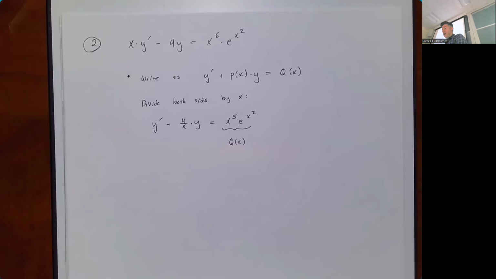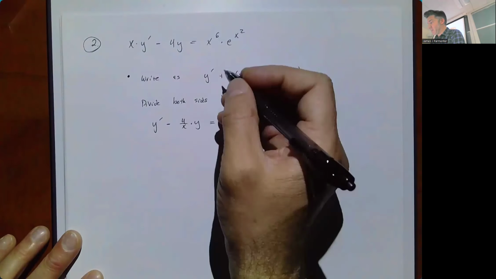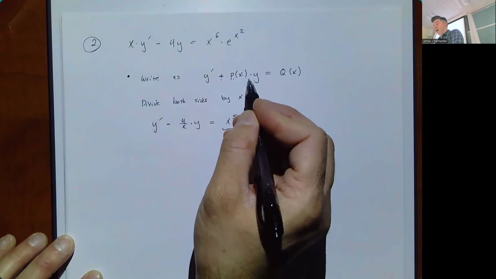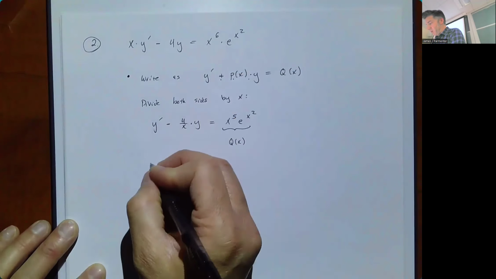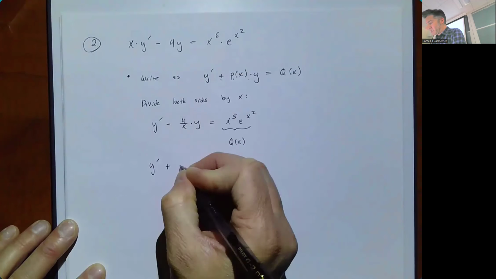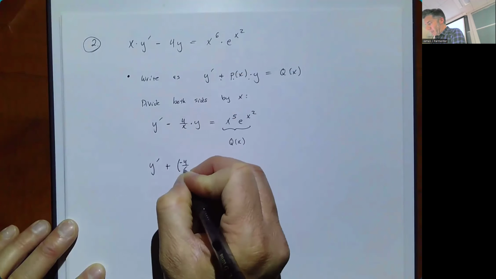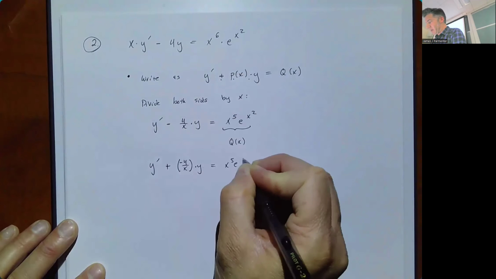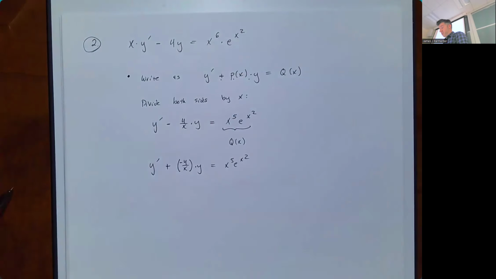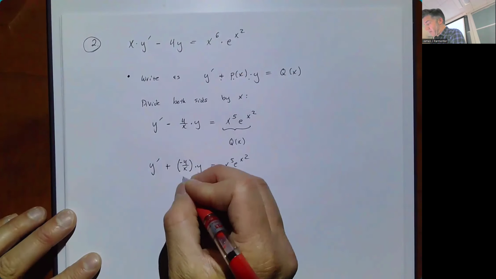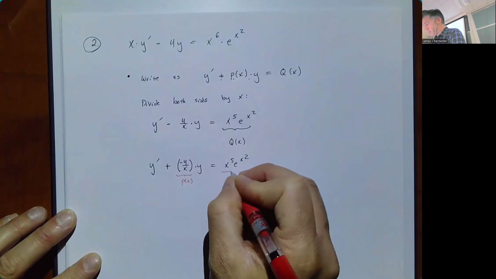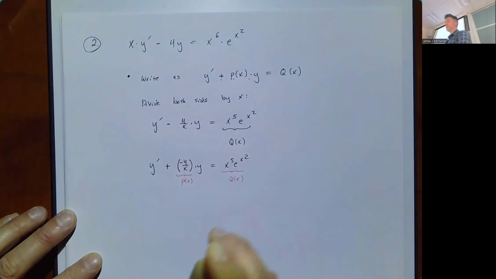And here's why: we always have to write this as y prime plus some function of x times y. So I have to think of this as y prime plus negative 4 over x times y equal to x to the 5th e to the x squared. And it is really important that you capture that negative if it's there. So there's our p of x, negative 4 over x. There's our q of x.